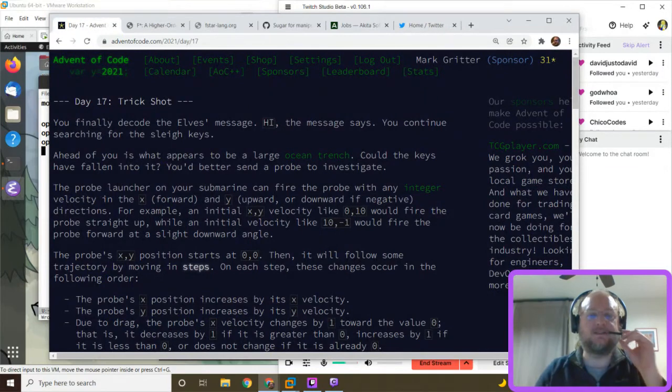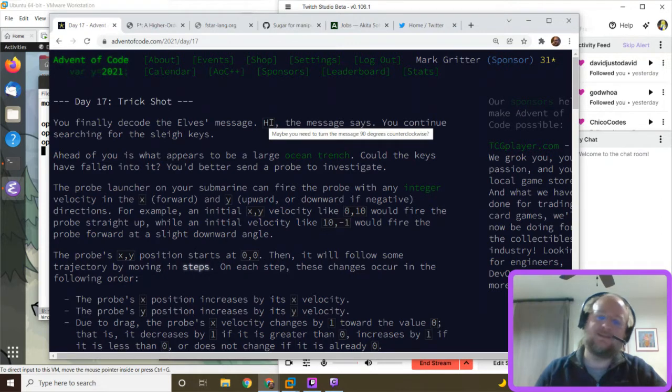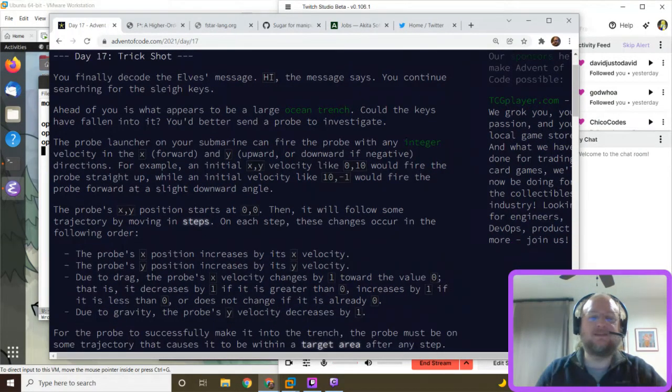All right, so we've got: finally decode the elf message. Hi, it says. Okay. The probe launcher can fire the probe with any integer velocity.